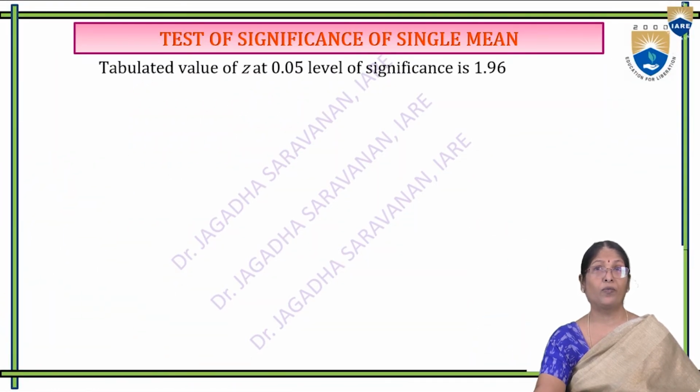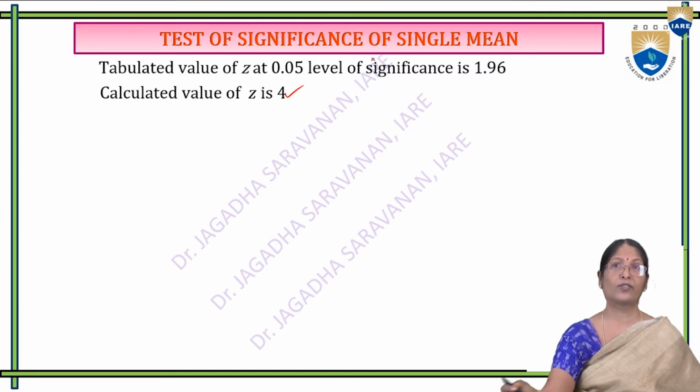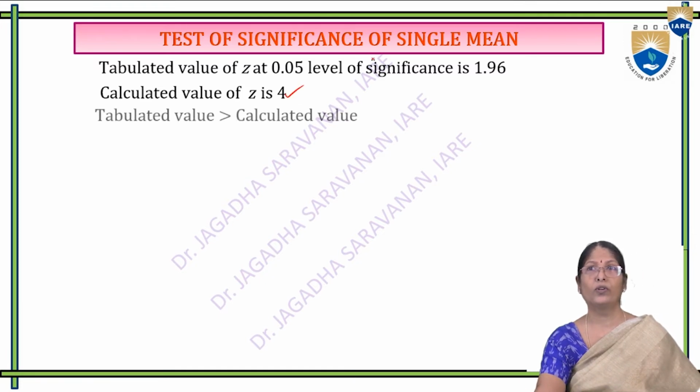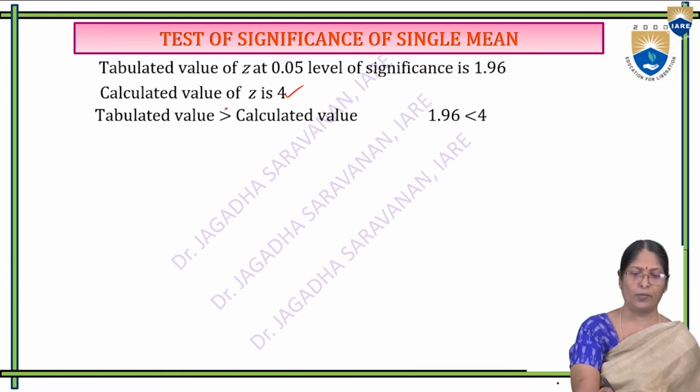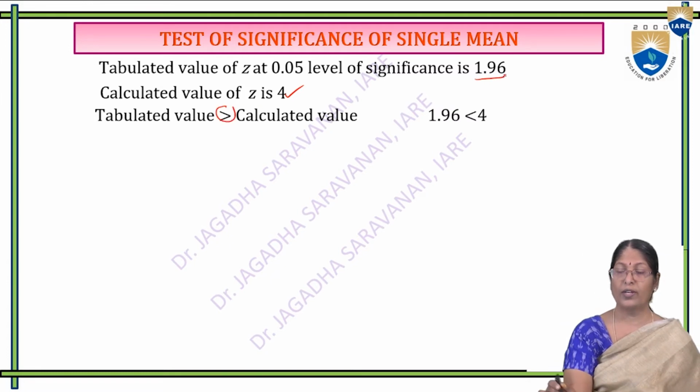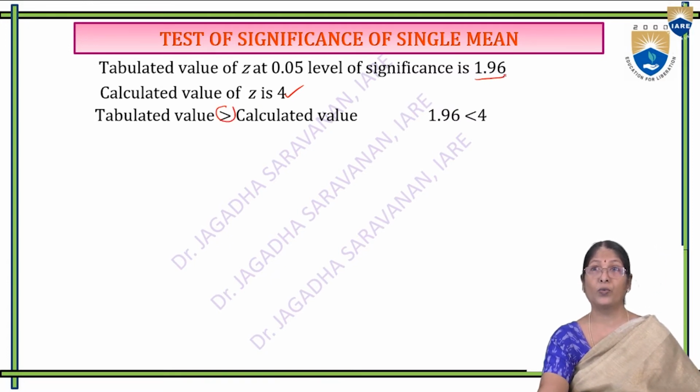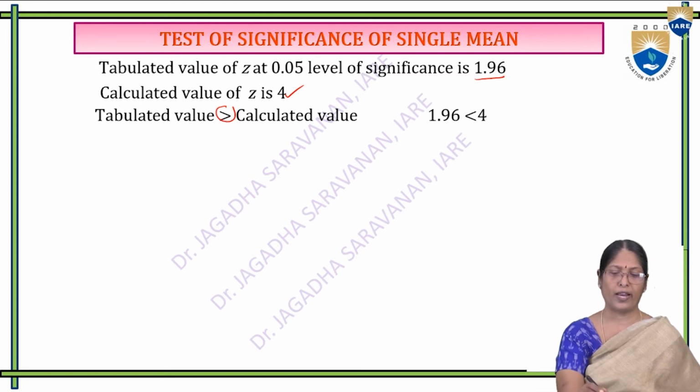So the tabulated value of z at 0.05 level of significance is 1.96, and the calculated value we just obtained is 4. Sorry, the symbol here is wrong, because the tabulated value is 1.96 but the calculated value is 4.